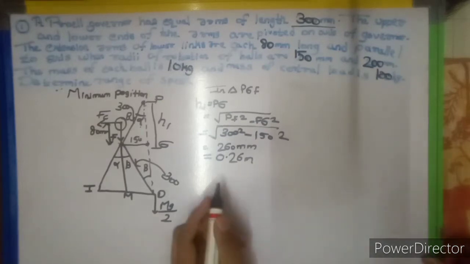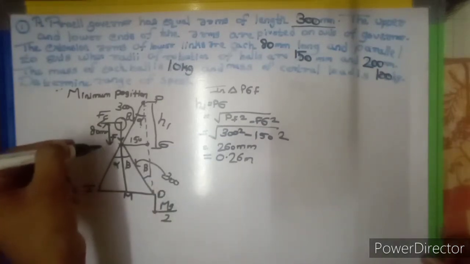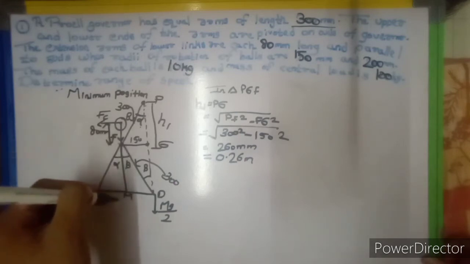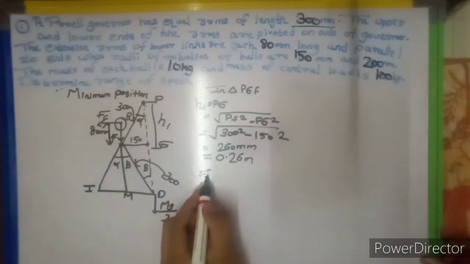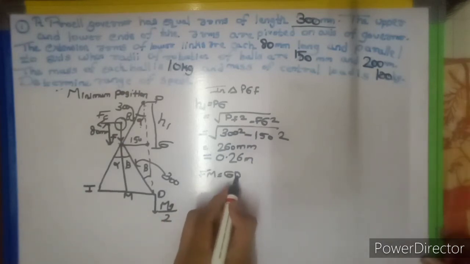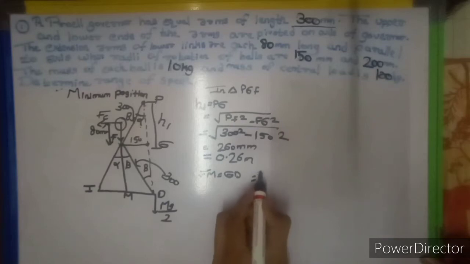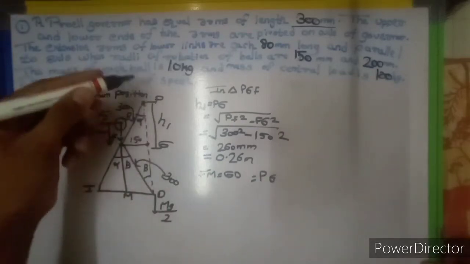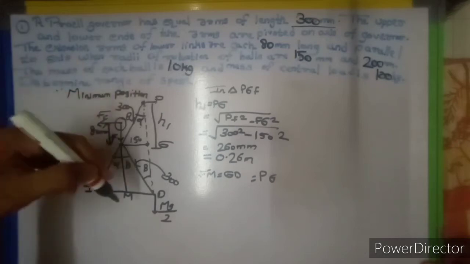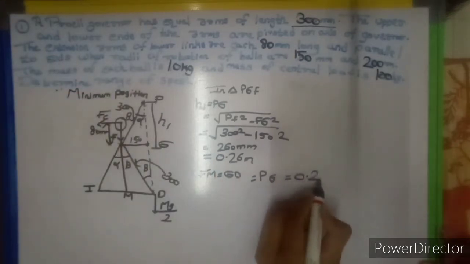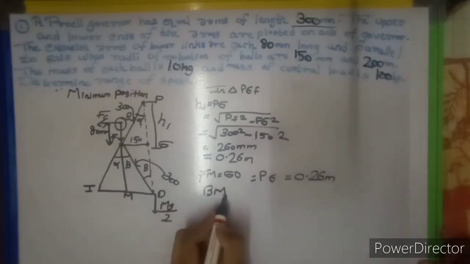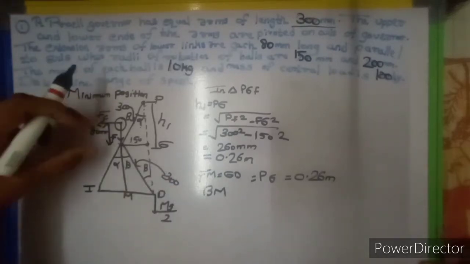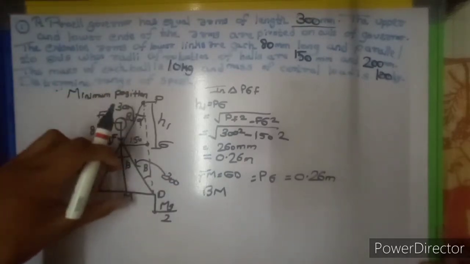Now the next step is FM. FM is equal to GD. Since both are parallel and they lie in a straight line, FM is equal to GD is equal to PG. So these all are equal to 0.26 meter or 260 mm. Now BM. BM is BF plus FM.